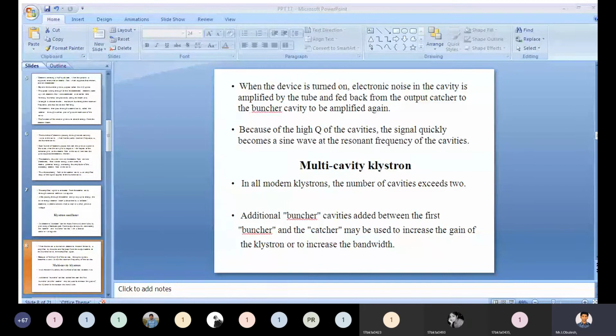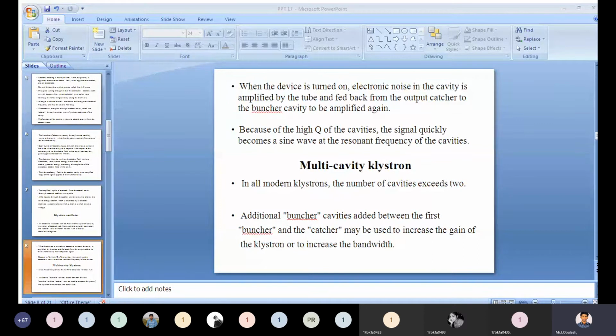Some modern klystrons include depressed collectors which recover energy from the beam before collecting the electrons, which will increase the efficiency.